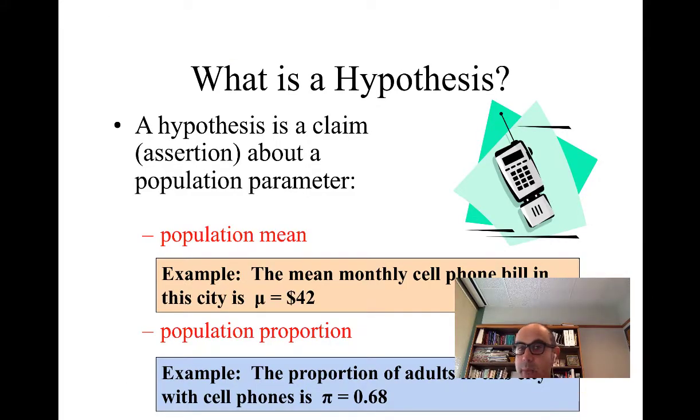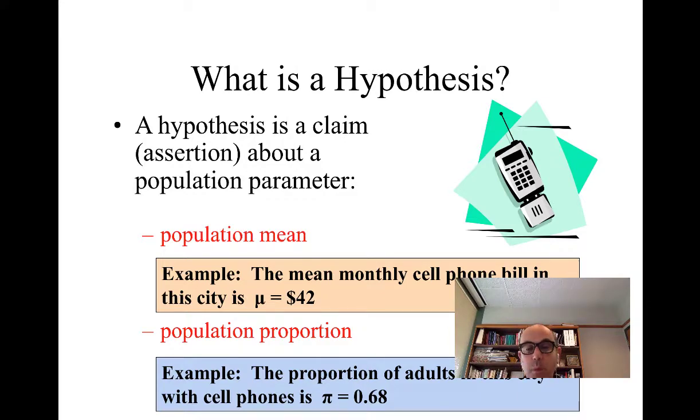So what is a hypothesis? And this is really important. It is a claim about the entire population, tested by taking a sample out of it. For example, the population mean: the mean monthly cell phone bill in the city is equal to 42.